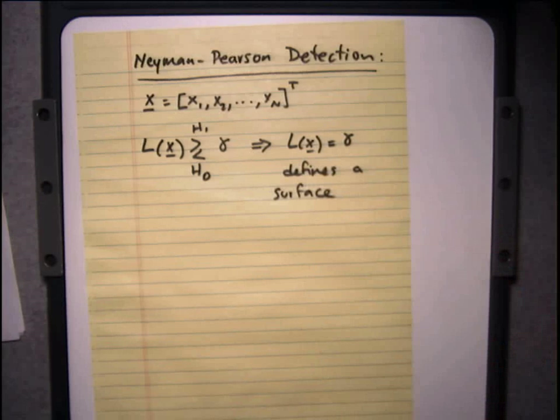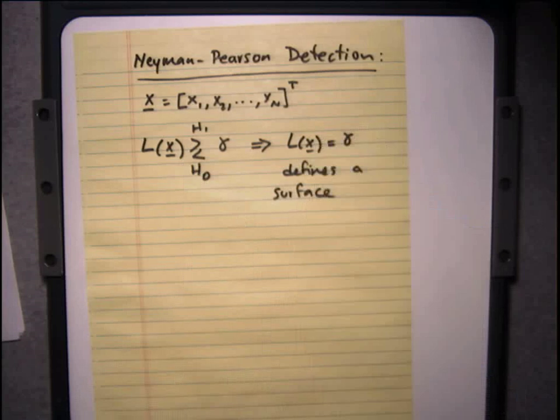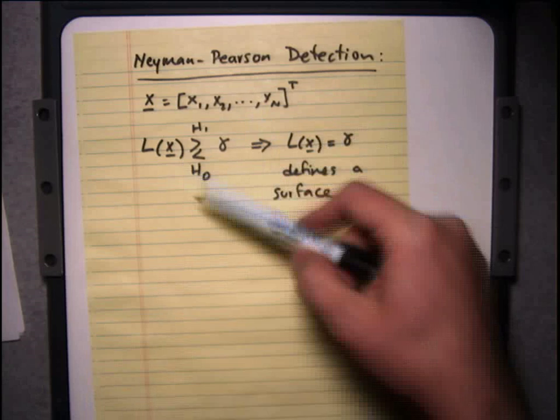Therefore, when you collect this data point and evaluate L of x, you see where it lands, to one side or the other, and according to that you make this decision.